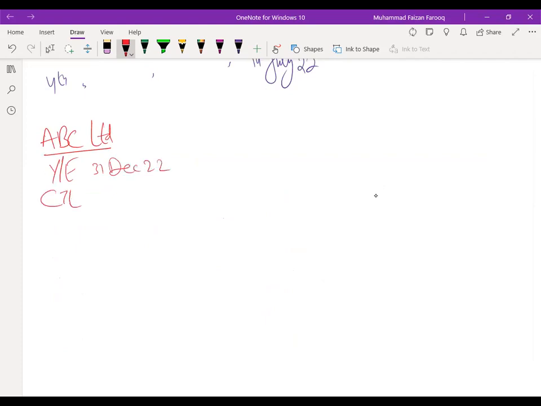Corporation tax liability is 100,000. I will not give you corporation tax liability. I will make it a bit different. I am giving you TTP 500,000. I am giving you dividend from non-group companies 100,000.